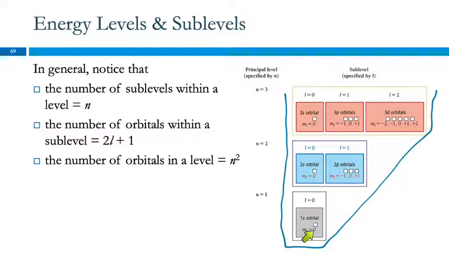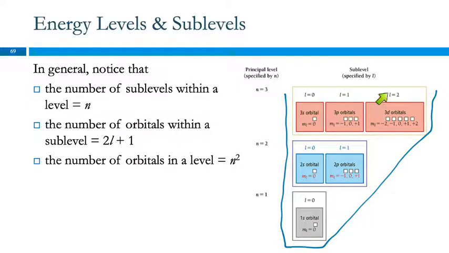Each of these orbitals can hold 2 electrons, but they have to have opposite spins in order to be in that orbital together. Well, it's 2L plus 1, which is odd numbers. So this is the number of orbitals in a sublevel, so that's the number of beds in this room.